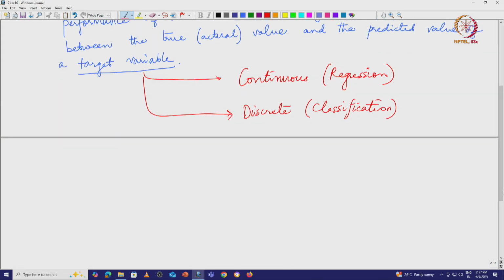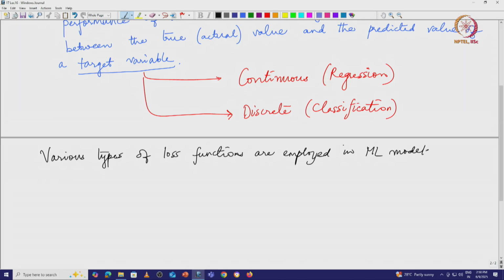Okay. So, what are the loss functions that are employed in ML models? So, various types of loss functions are employed in ML models, and we will discuss them today one by one.